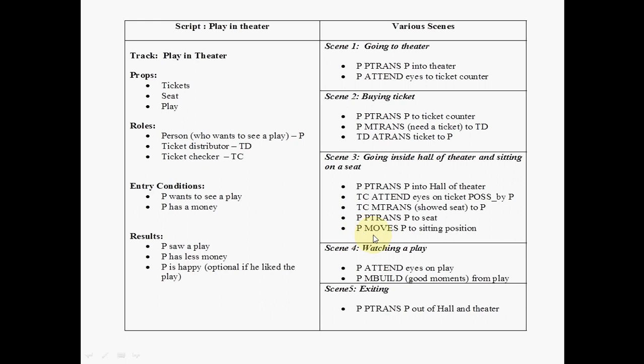So P moves P to the sitting position. Move is basically a primitive used for moving the body part of an object or the person. He moves his body parts like hands, legs, and all to the sitting position. So this is all you're going to do after going inside the hall of theater and sitting on the seat. So this is scene number 3.